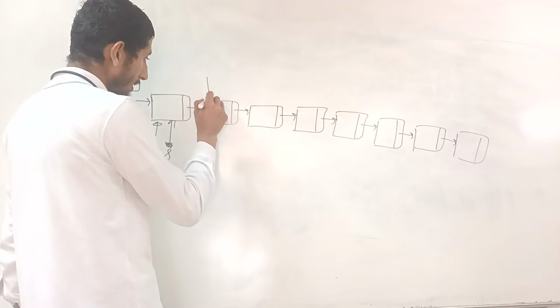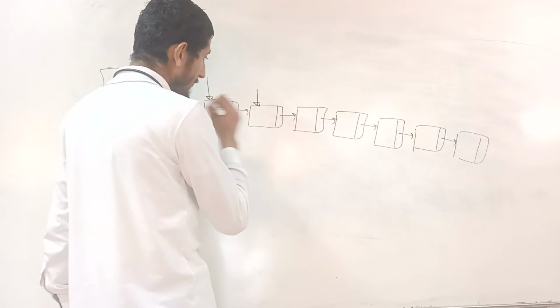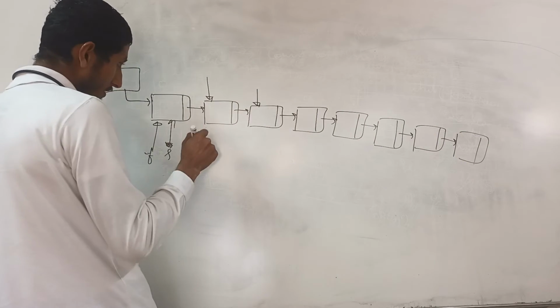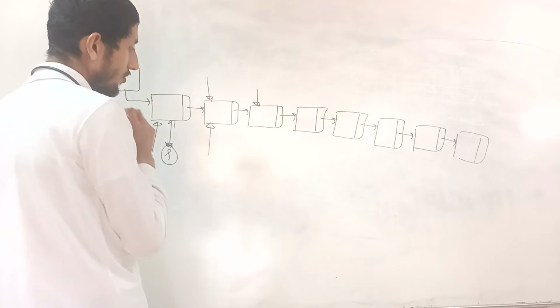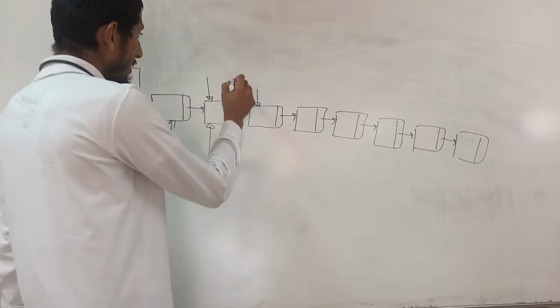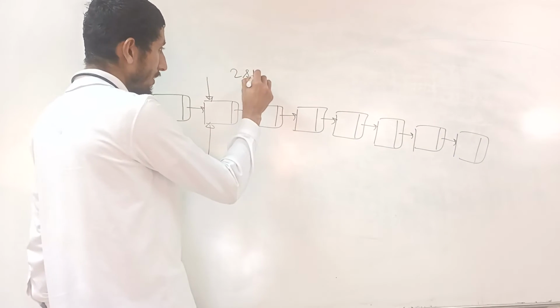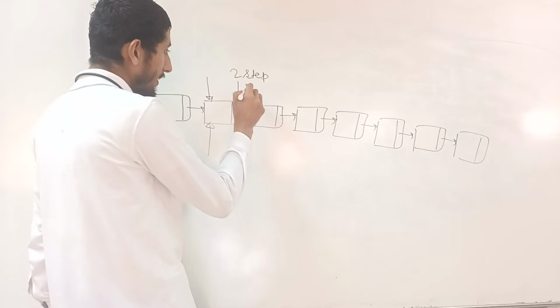It means it will come here and it will come here. At the same time, the slow pointer will move towards the 1. It means the fast pointer takes 2 steps and the slow pointer takes 1 step.